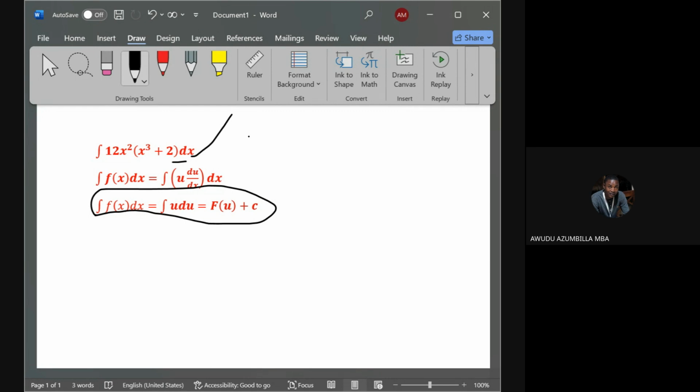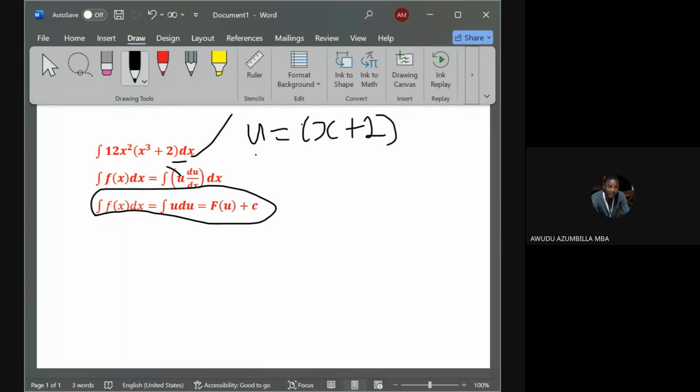So first of all, let's say our u is equal to the one in the bracket, x plus 2. Now, in the function, we are saying let u is equal to this. And then look at here. Here we have u and du. But we know our u. Where's our du?